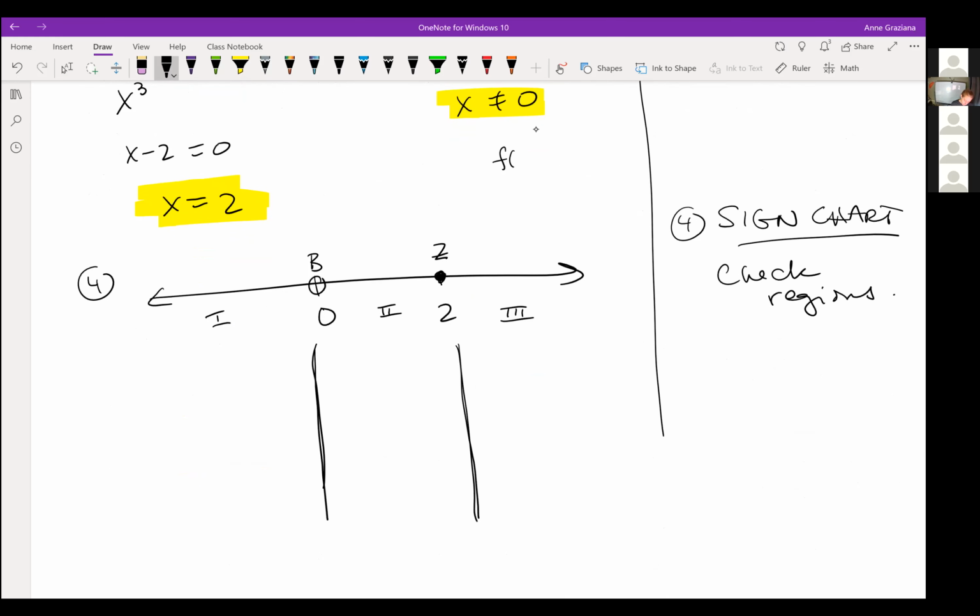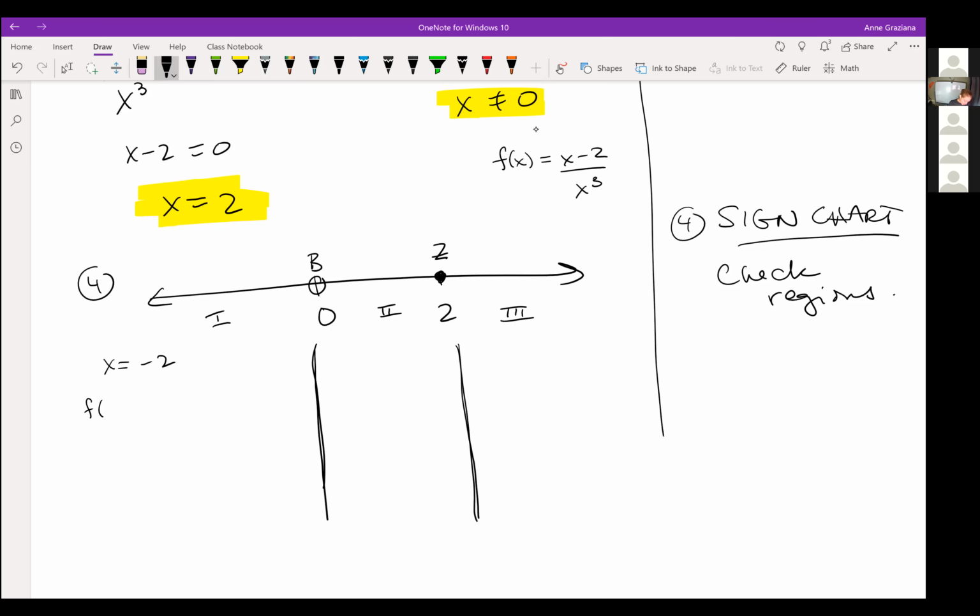So I'll write the function up here. What's a number we can choose in region 1? What do you guys want to pick? -2. Okay, thank you, Madison. That works because it's less than 0. So I'm going to plug that in.